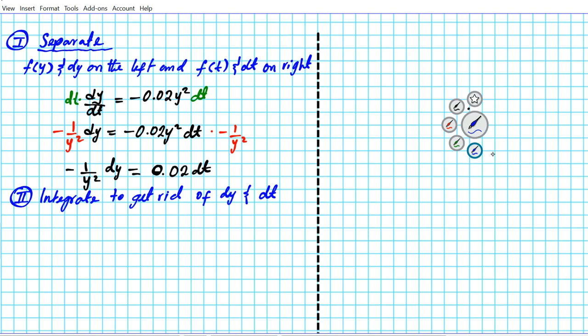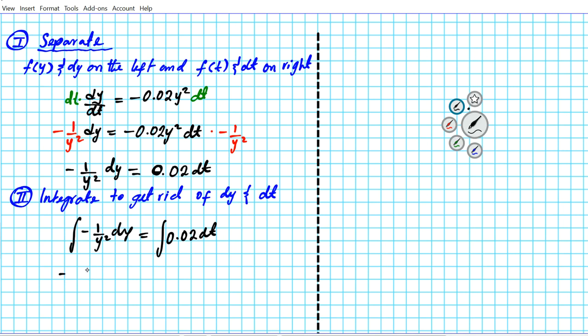We're going to integrate the left and right sides of the equation. Let's do that again. We're going to integrate negative 1 over y squared dy, and then we're going to integrate 0.02 dt. Okay, so in this particular case, how do we integrate negative 1 over y squared?